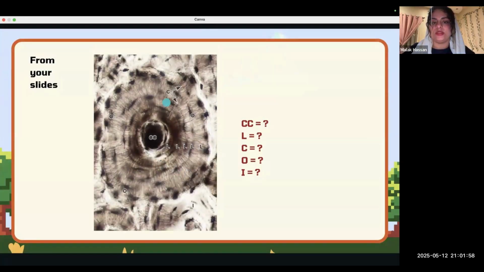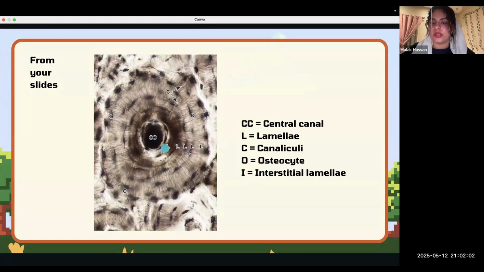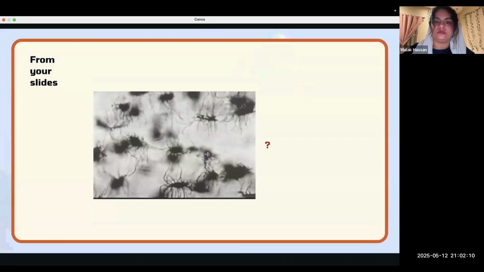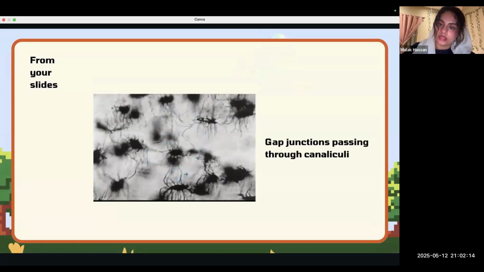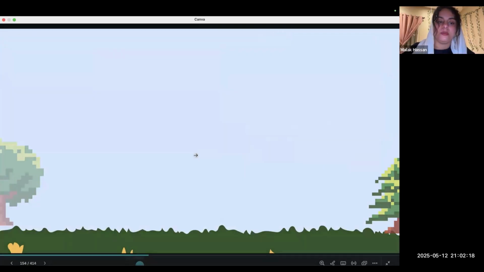What are these labelings? Central canal, lamellae, canaliculi, osteocytes, and interstitial lamellae. What is shown here? Canaliculi with gap junctions passing through them.